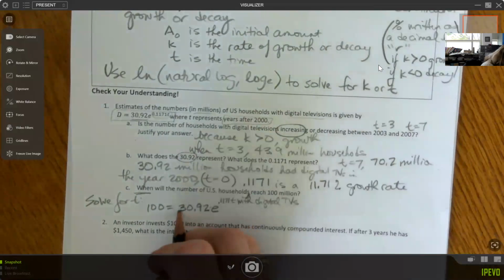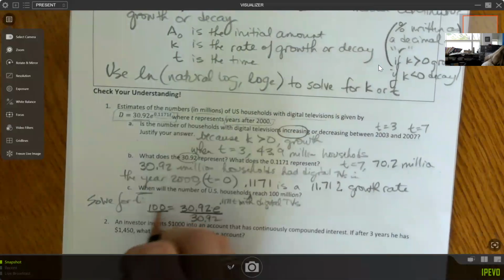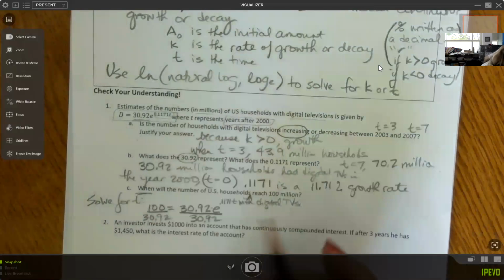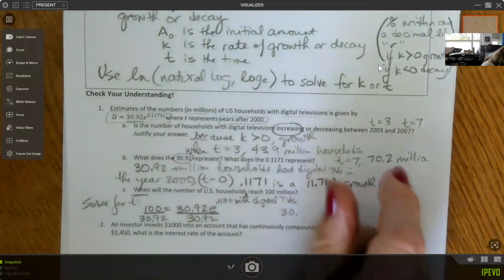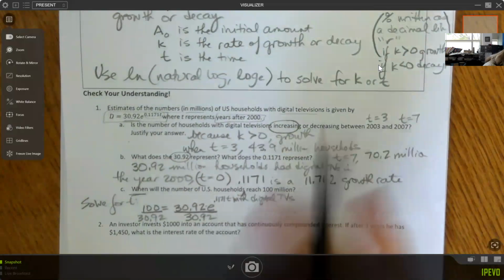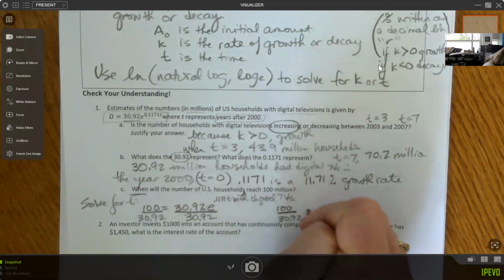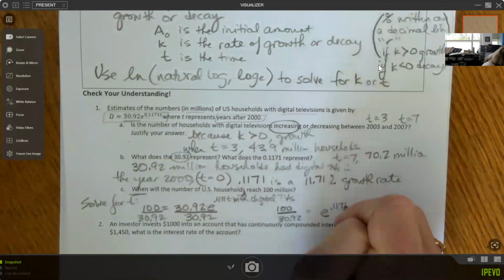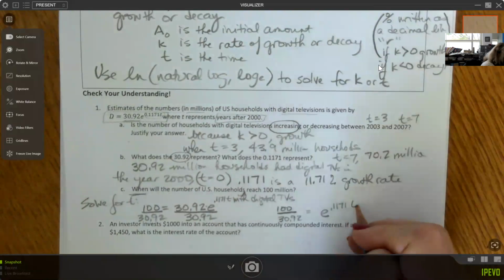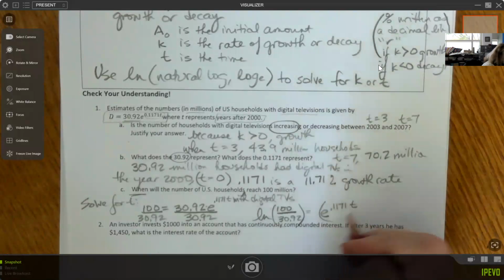So my first step is divide both sides by 30.92. Now I'll have 100 divided by 30.92 equals e to the 0.1171 times some time. So I take the natural log of both sides.